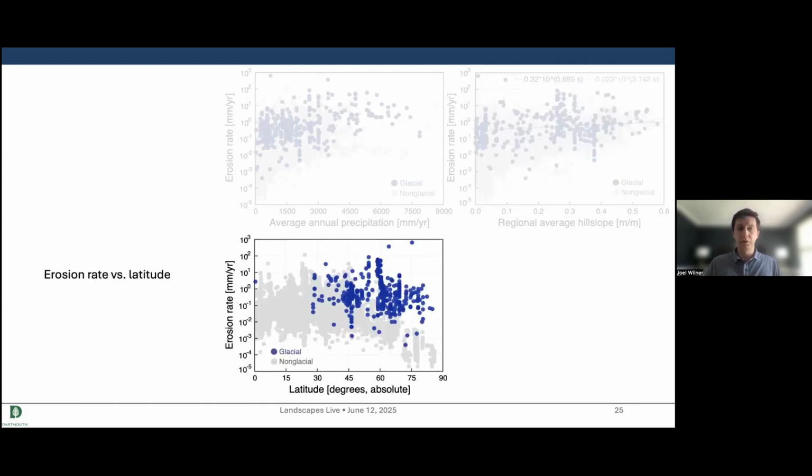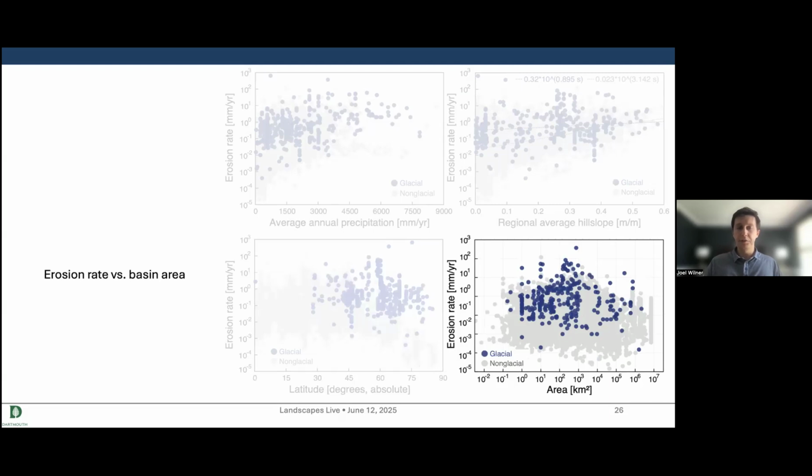Then we looked at erosion rate versus absolute latitude. Again, glacial rates are more efficient than non-glacial rates here. And finally, erosion rate versus basin area that you're measuring over. Same thing, glacial rates more efficient than non-glacial rates.